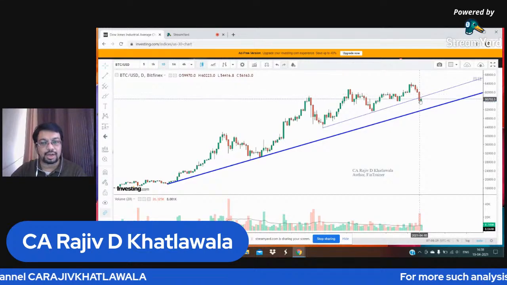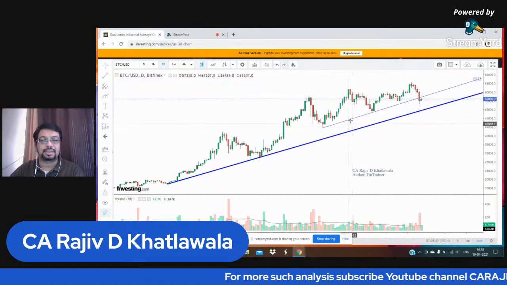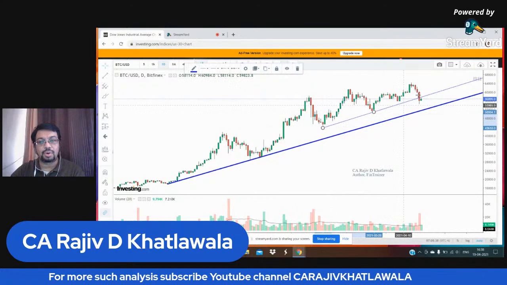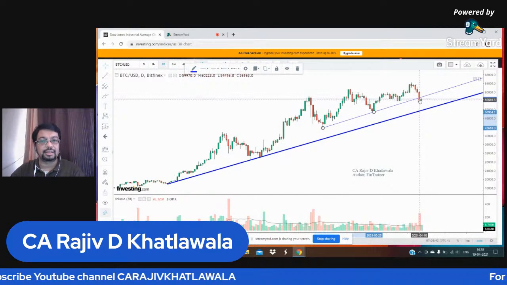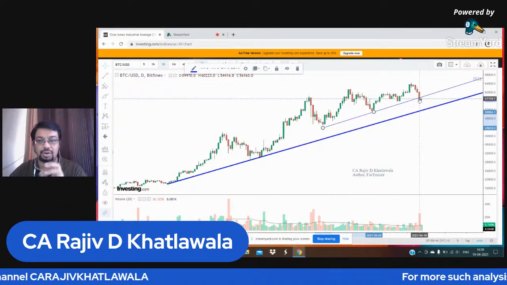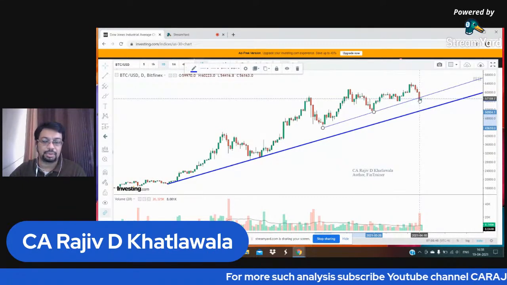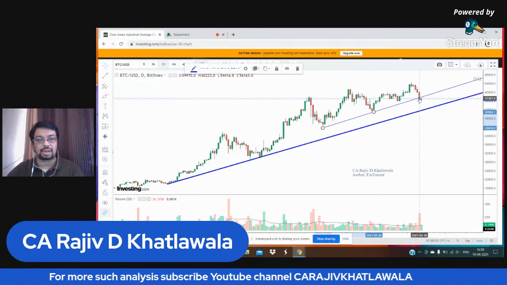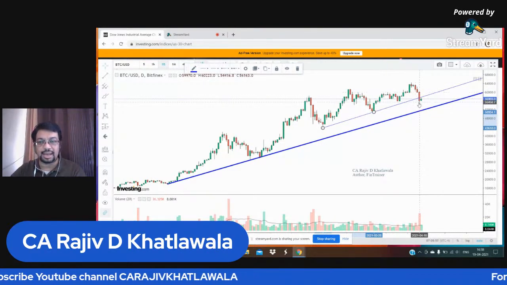So there was quite a big fall, and this minor trend line was broken yesterday. That is a sign of caution for the traders, for the people who are holding Bitcoins, that Bitcoin is losing some sheen. So it is in a corrective mode again.